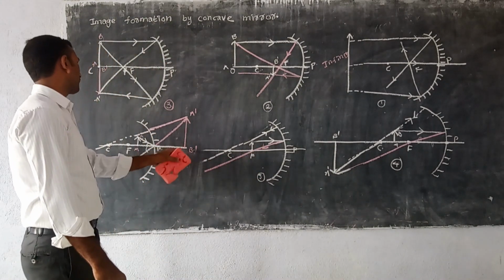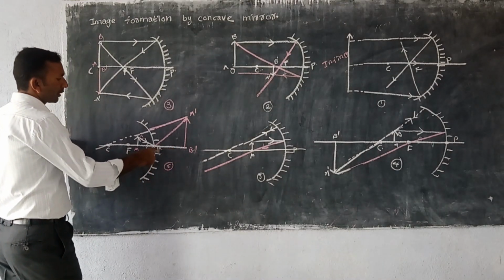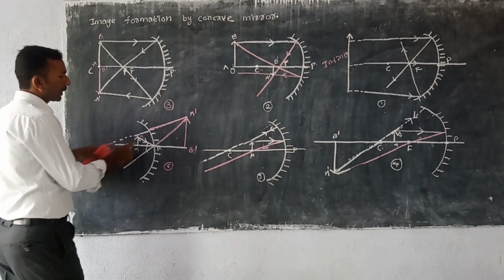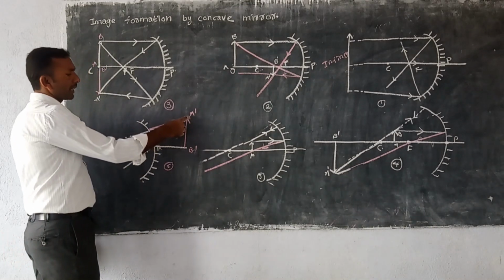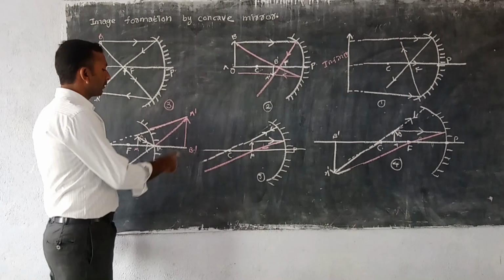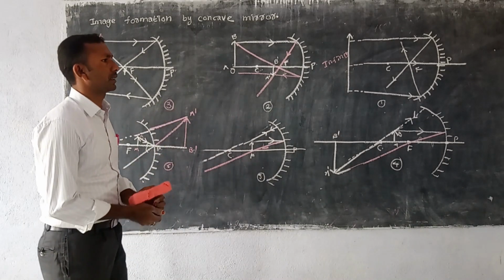And the last case, if you are keeping the object between the focal point and the pole of the mirror, the image will not form in front of the mirror, and that's why we are extending these lines back. Reflected light is extended back, and they will intersect at some point, and this will be the image, if you draw the normal line from the principal axis to the intersecting point.